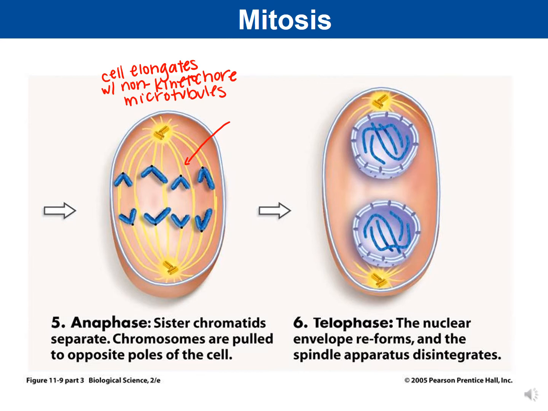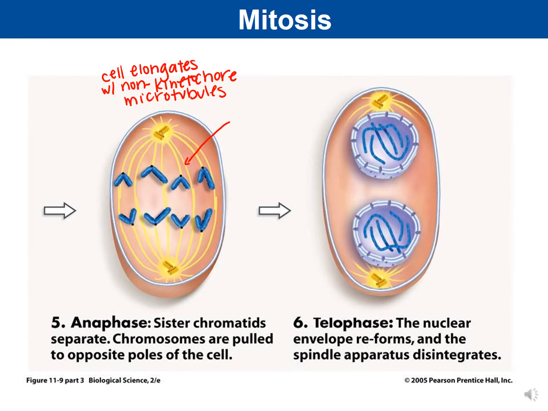The ones that are not attached to a chromosome, we call non-kinetochore microtubules. Those microtubules push off of each other, and they're responsible for the elongation of the cell. Basically, they're going to elongate the cell so that the cell can then eventually divide into two daughter cells that are copies of the parent. So the big thing in anaphase, sister chromatids are going to separate. The sister chromatids are going to move towards opposite poles of the cell.